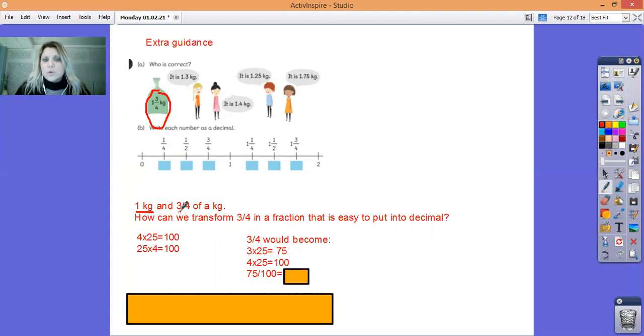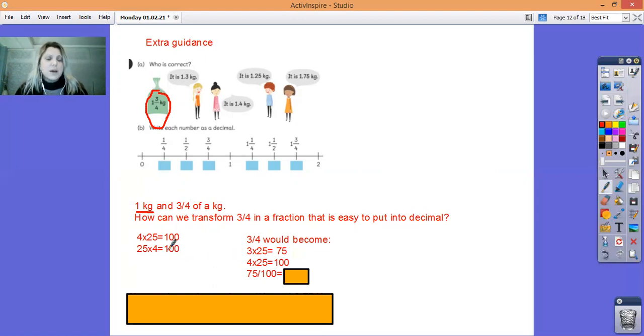What do we know of 3/4? We said earlier, if you remember, that 4 lots of 25 equal 100, which is the same as 25 times 4 equals 100. So if we do that for the denominator, we need to do the same for the numerator.